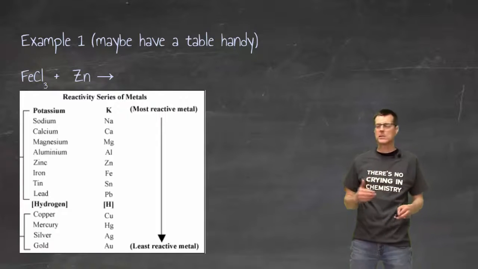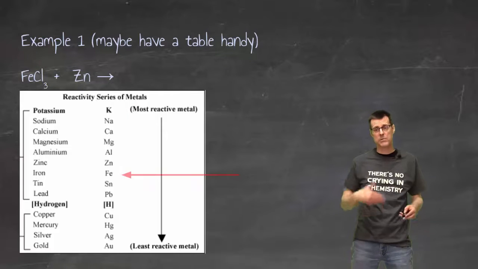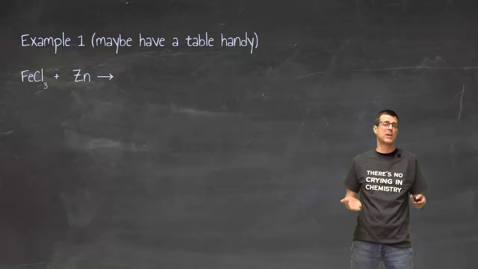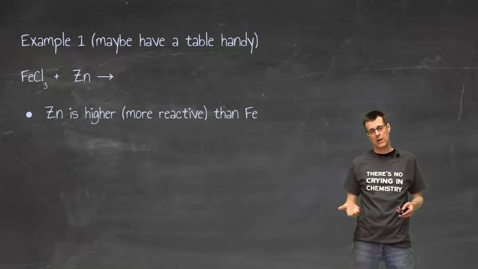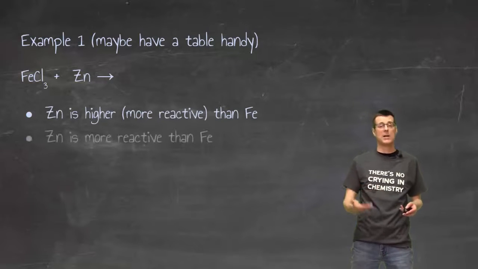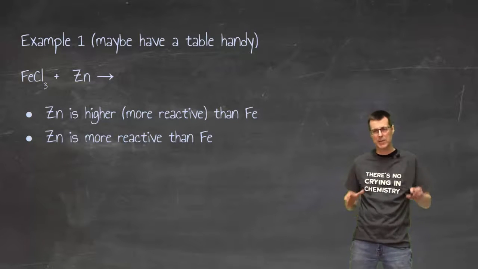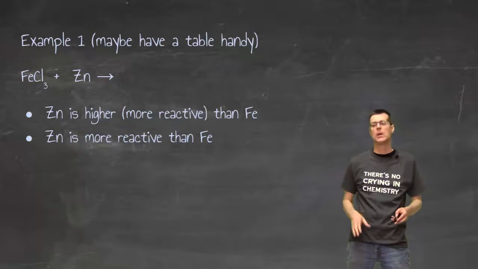So if you take that reaction and find it on the table, you'd first find iron and find zinc. And you find that zinc is higher on the table than iron. That means zinc is more reactive than iron, and I realize it's redundant, but I had it in brackets, so you might have skipped it.